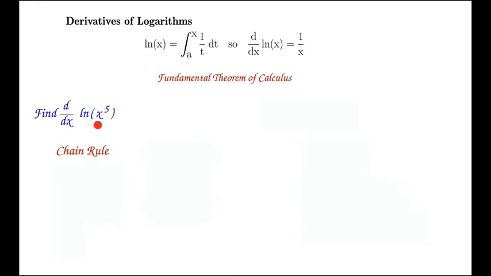So in our case, we have 1 over x to the fifth times the derivative of x to the fifth, which by the power rule is 5x to the fourth. So the x to the fourth cancels in the numerator and the denominator, and we're just left with 5 over x.